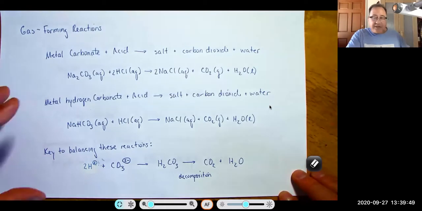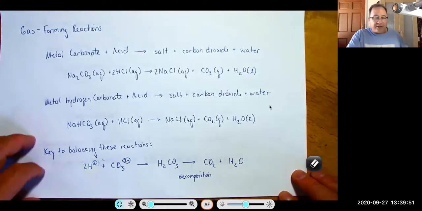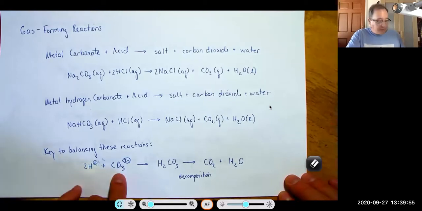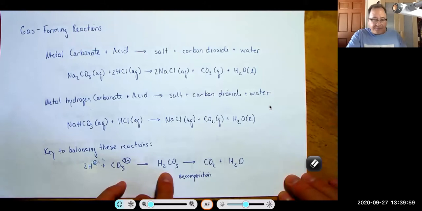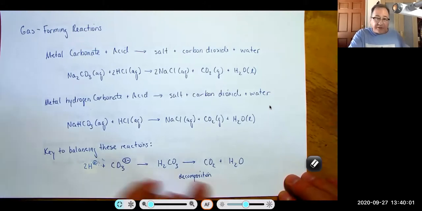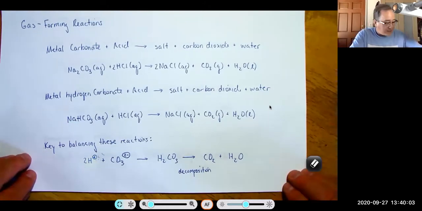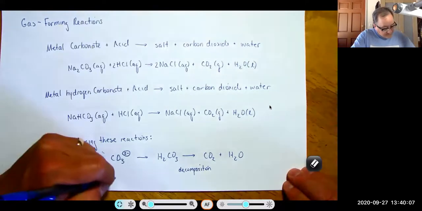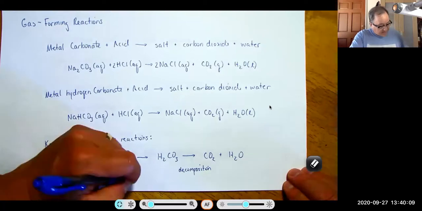So what is the key to balancing one of these reactions? And the answer is this, that for every carbonate, you need 2 hydrogens and you make carbonic acid, and that decomposes into CO2 and H2O. That's the key to this reaction. So imagine you get the hydrogen carbonate ion instead of the carbonate ion.